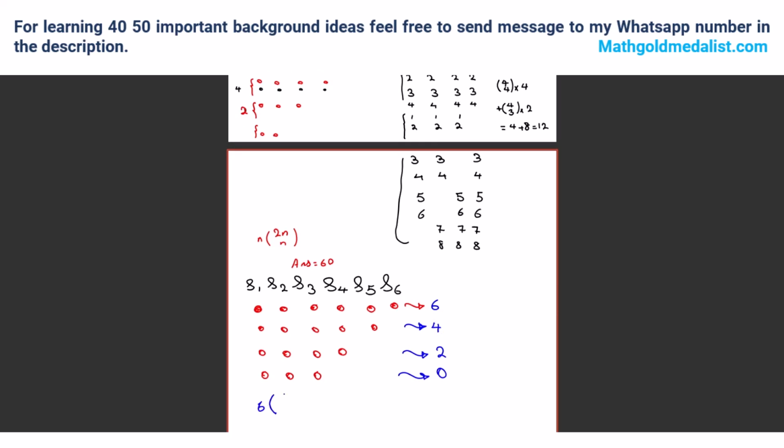So it would be what? 6 times 6 choose 6, right? Plus 4 times what? Plus 4 times what? So the first one is what?